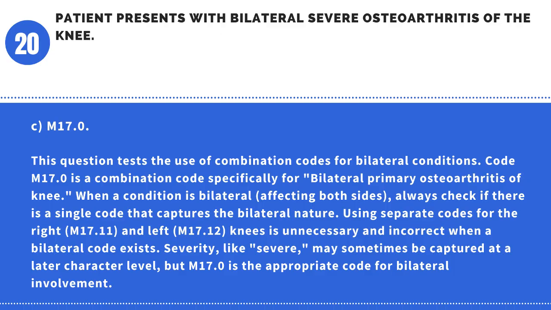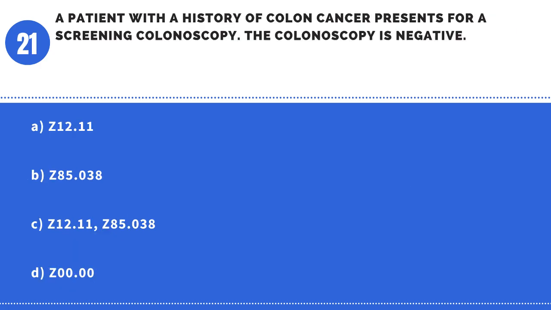Severity, like severe, may sometimes be captured at a later character level, but M17.0 is the appropriate code for bilateral involvement.